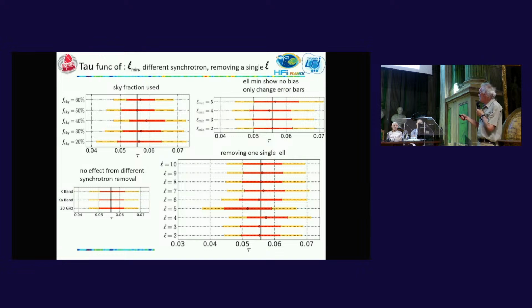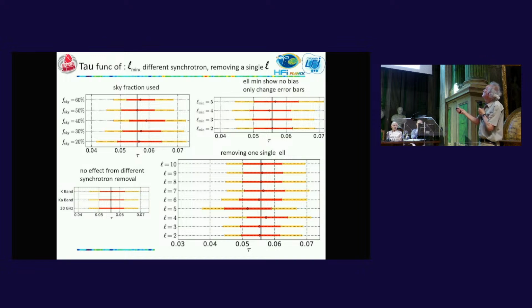So, I conclude on the slide with the tau parameter, which was the most critical, for which the polarization is critical.